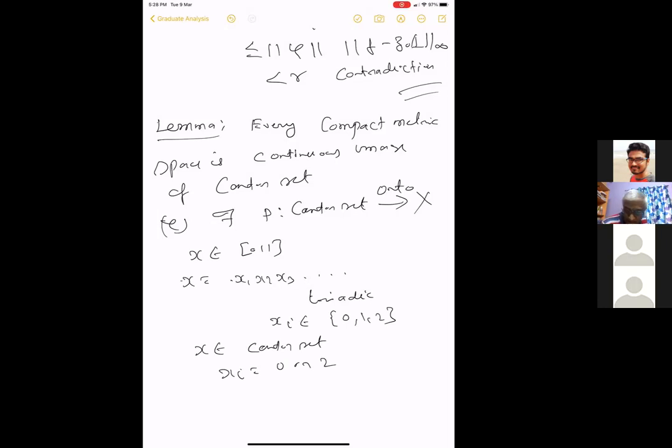That is what the Cantor set is. Or you can write that as the summation of xi by 3 to the power n, n from 1 to infinity, where xi is 0 or 2.